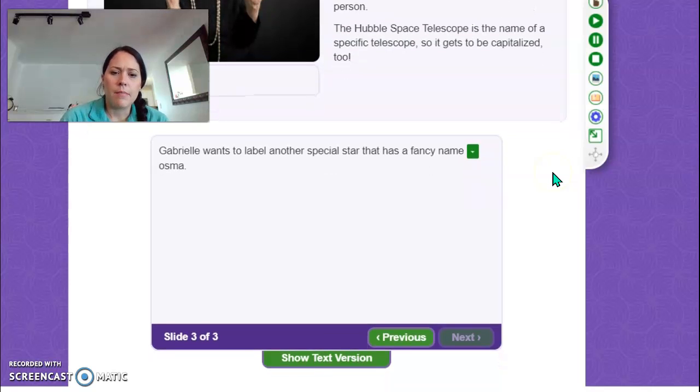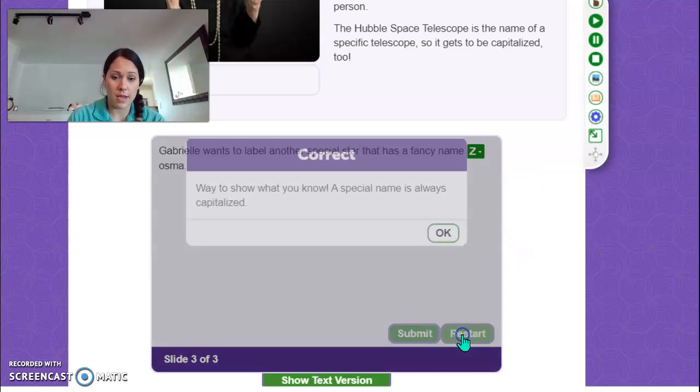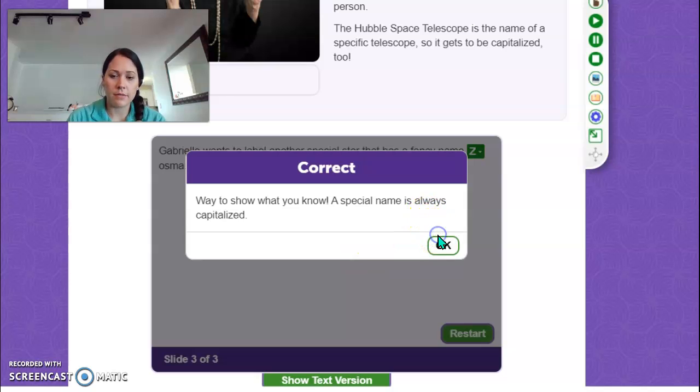Okay, so Gabrielle wants to label another special star that has a fancy name, blank. So, would we use a capital Z or a lowercase z for a special name, Zosma? Hopefully you said capital because it says special name, and that is correct.